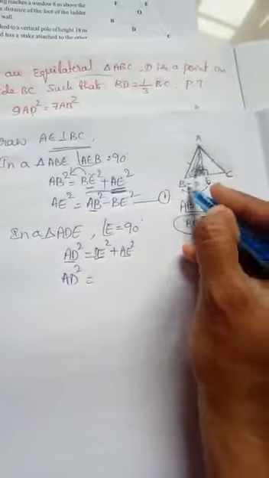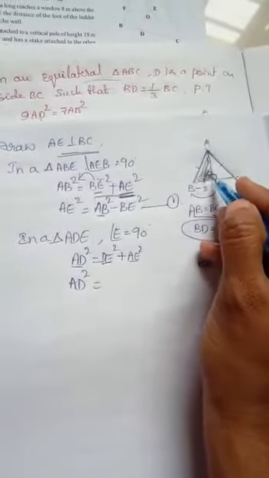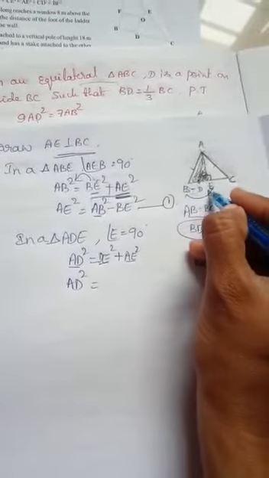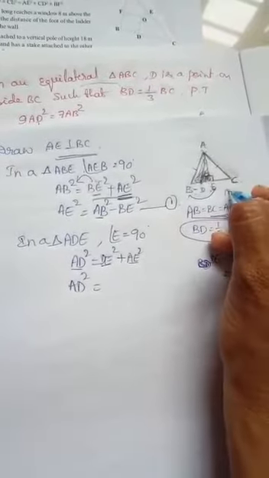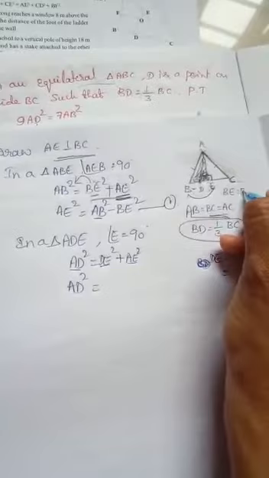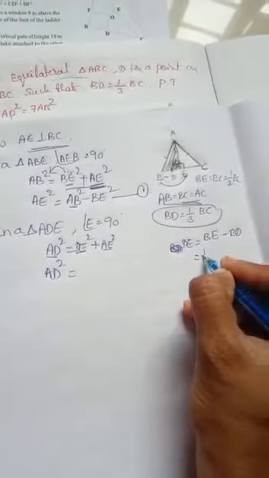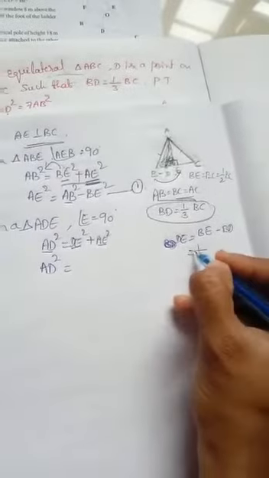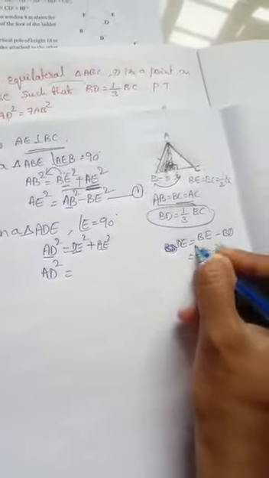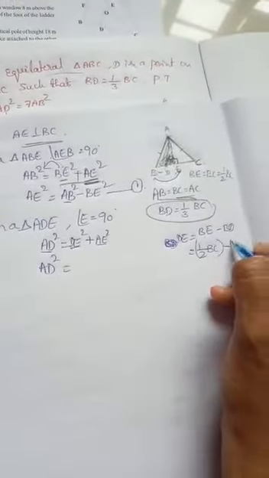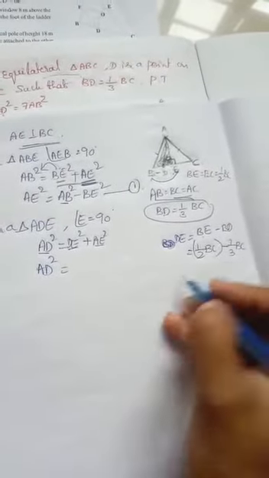Therefore, we know that AE is a perpendicular, and it divides BC into 2 parts. Therefore, BE and EC are equal to half of BC. Therefore, by substituting, BE is equal to half of BC and BD is equal to 1 by 3 times BC.